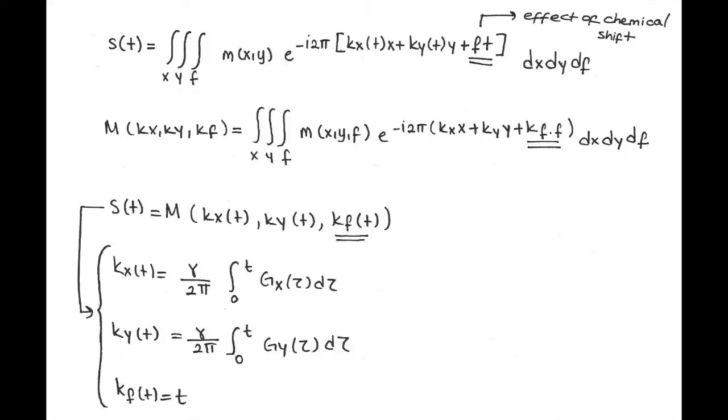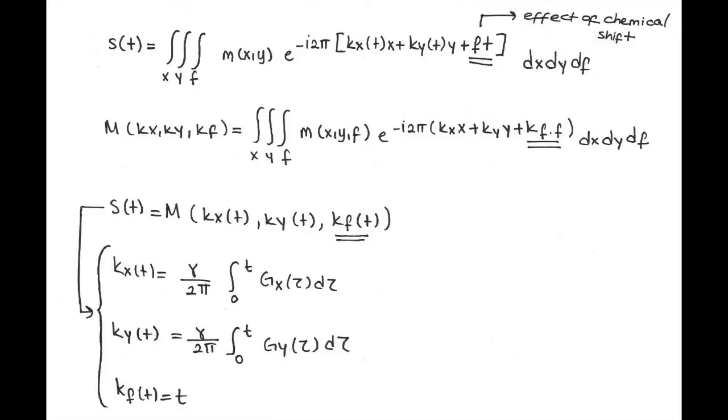Frequency offset caused by chemical shift affects the signal equation. It must be included in the signal equation as well, and the chemical shift can be written as an axis in K-space.